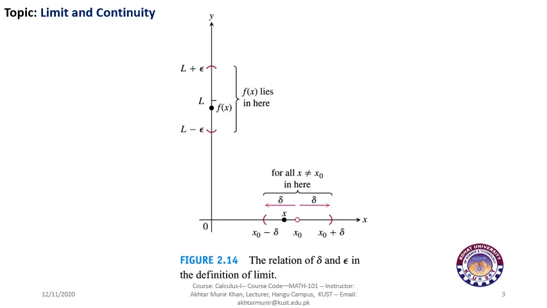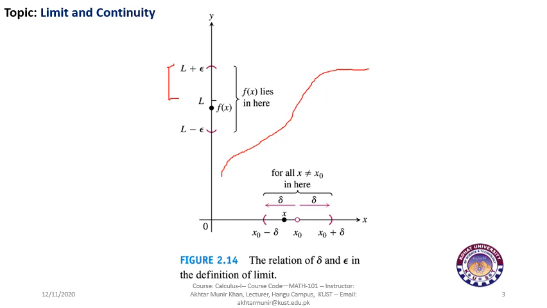This definition says that whenever we have a point x0 and we are interested in finding the limit of the function, for example, let us say this is an arbitrary function represented by this curve, and we want to find the limit of this function at this point x0, then the precise definition of limit says that for every epsilon, this is the epsilon distance from the limit L, for instance. This is our epsilon.